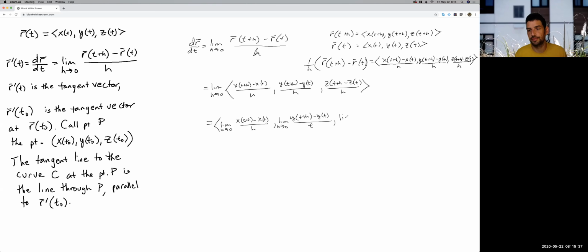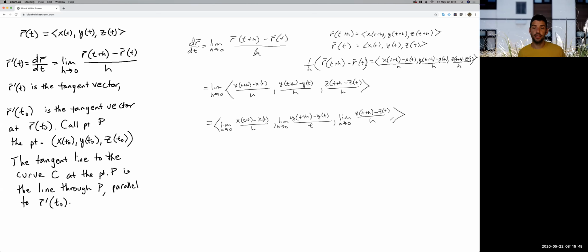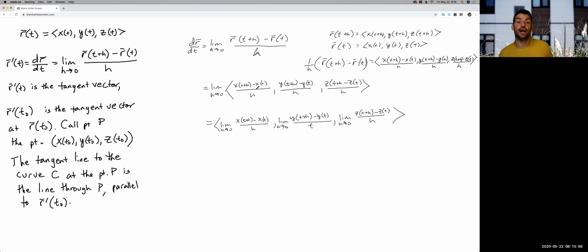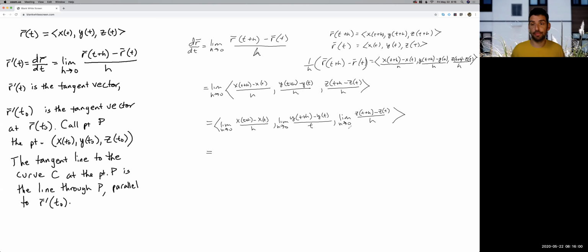And finally, the limit as h goes to 0 of z of t plus h minus z of t all over h. Okay, so remember when we define limits for vector functions, we said you can take the limit of each of the component functions. And now look at what we have in each of these components.